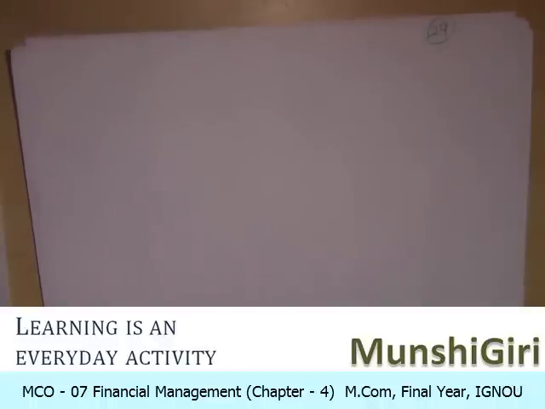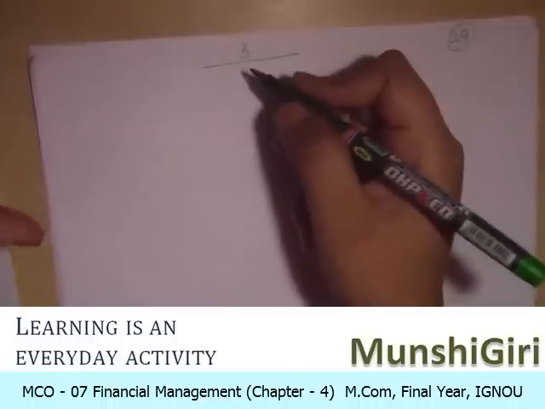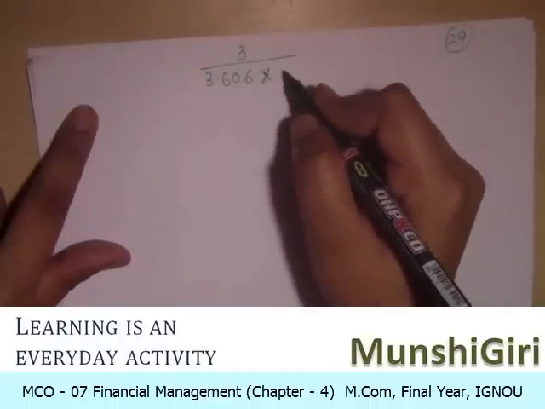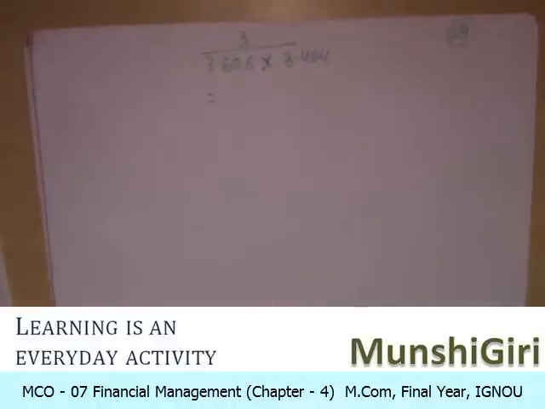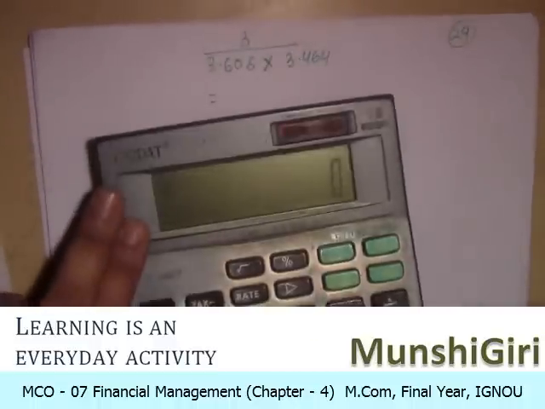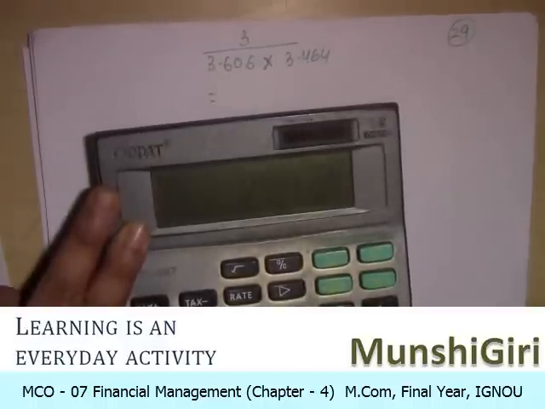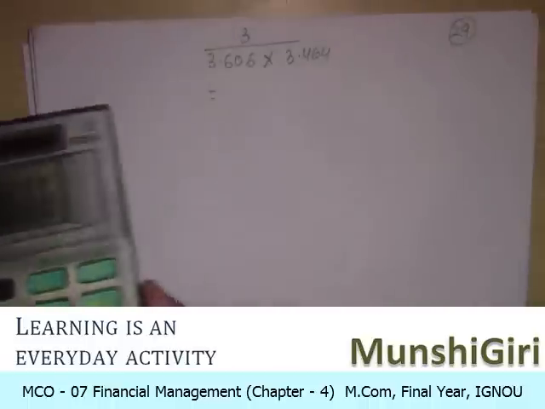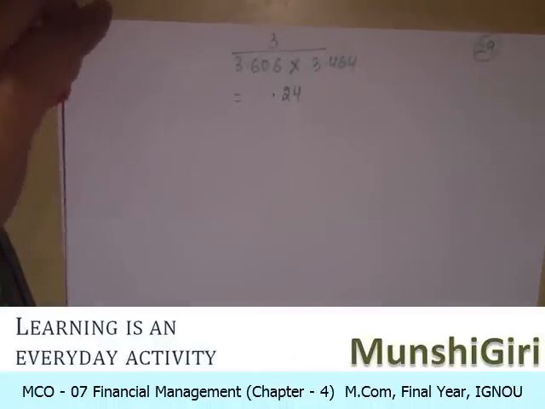Covariance was 3, and standard deviation of A was 3.606, whereas the standard deviation of B was 3.464. So how much does the correlation come out to be? This is 3 divided by 3.606 into 3.464, and this is 0.24.